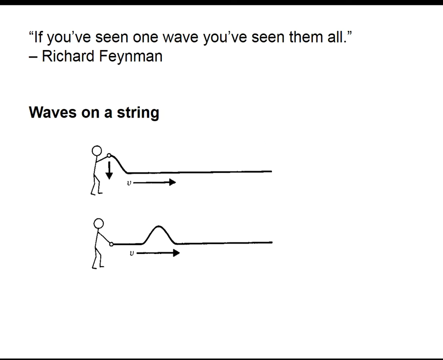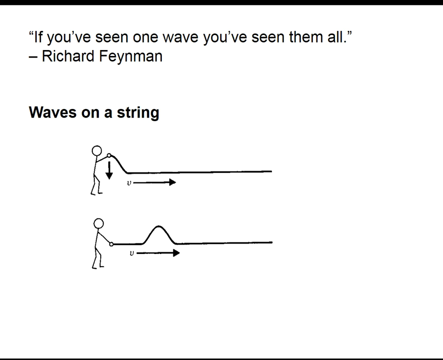So Richard Feynman was a kind of funny guy, a scientist, who said, once you see one wave, you've seen them all. And so the concept that we want to extend is that we study waves in this class in a variety of different ways, and I show them in different patterns and configurations so that you can get a sense for thinking about how to describe these waves.